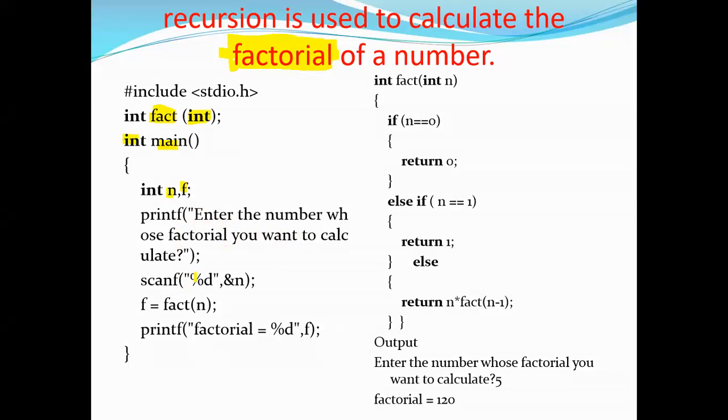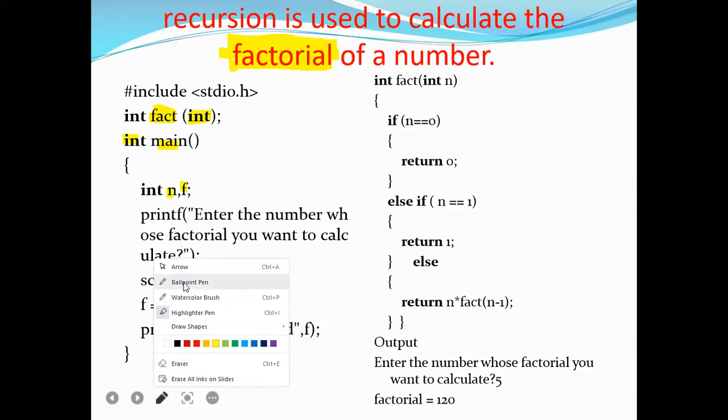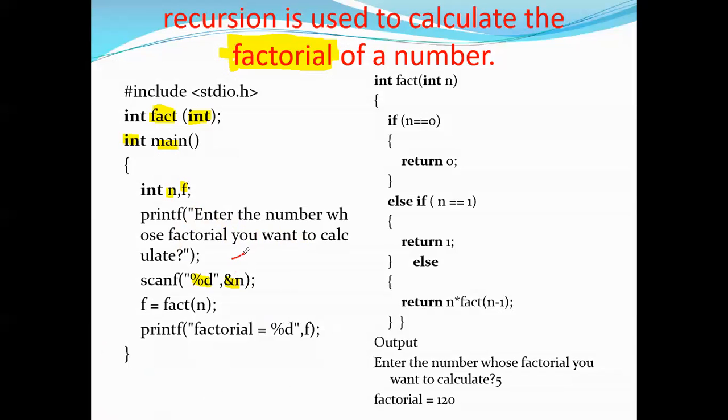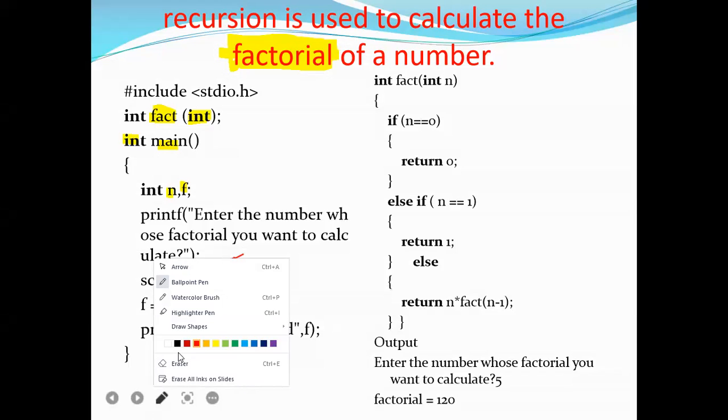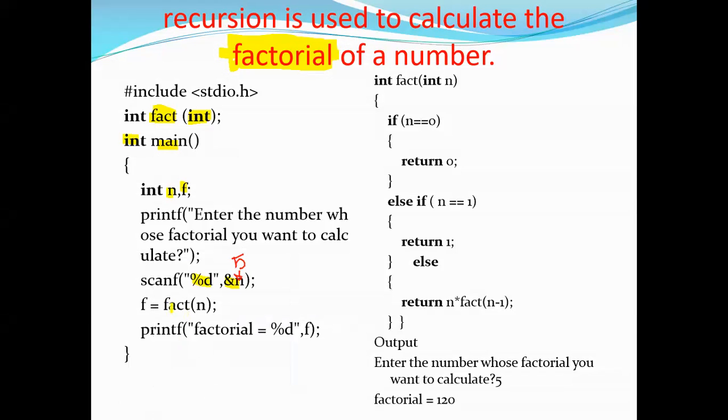Then scanf %d &n, and whatever data is entered is stored in n. If you have entered the value 5, this 5 will be stored in n. Then you are calling a function, fact(n).